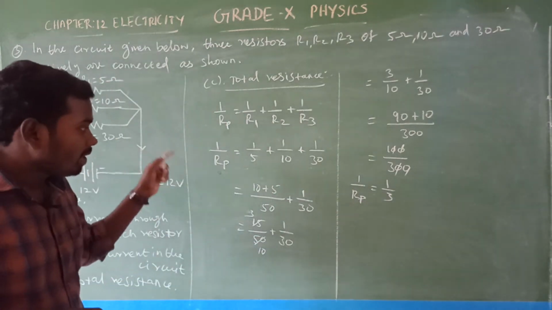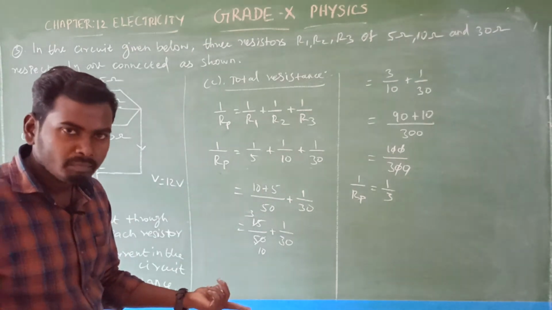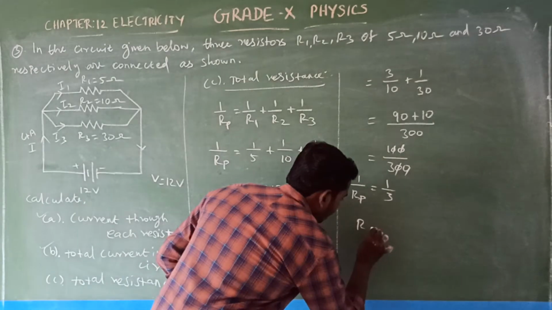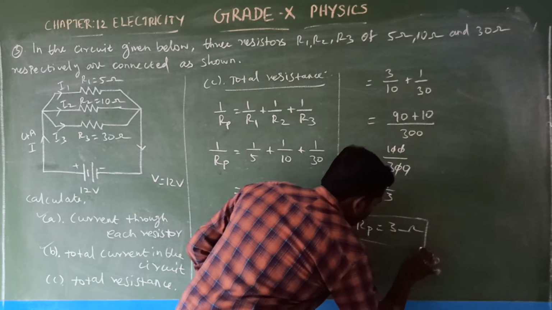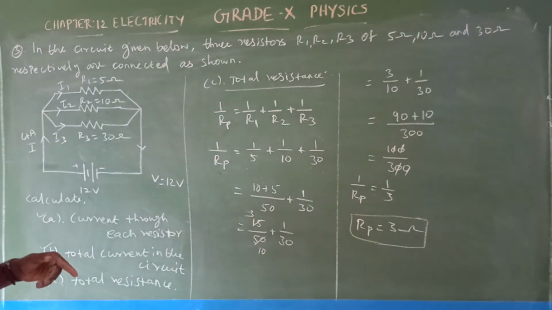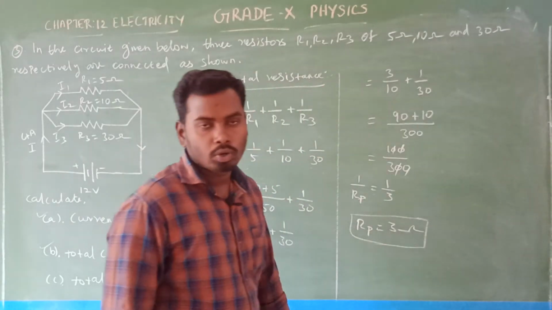Then Rp is equal to 3, that is the reciprocal. So the total resistance value in the circuit is 3 ohm.